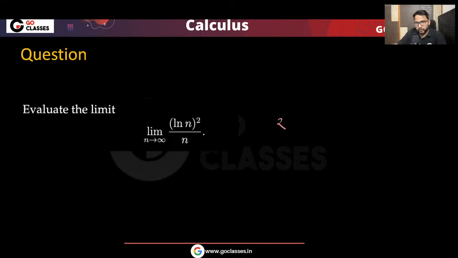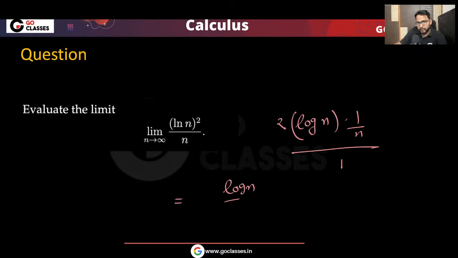You take this 2 into ln n, I mean log n, into 1 by n, and this differentiation is 1. Now this is log n upon n. Is this again infinity upon infinity? So you just differentiate this one more time. Now, since this is not infinity upon infinity, that's why answer is 0.